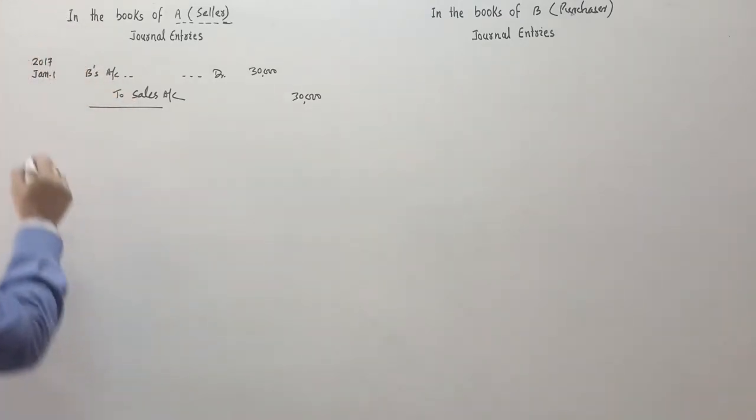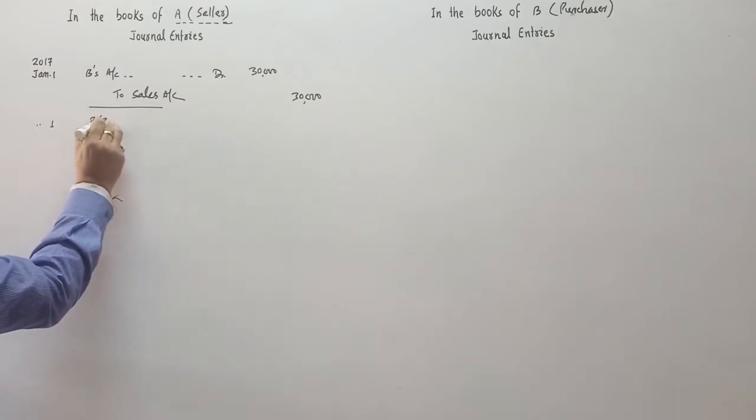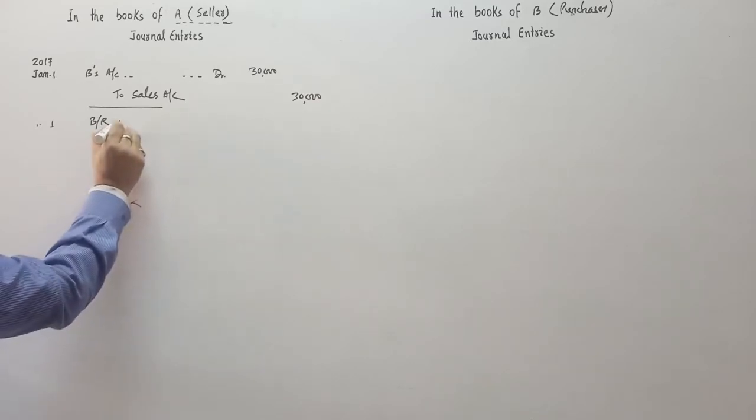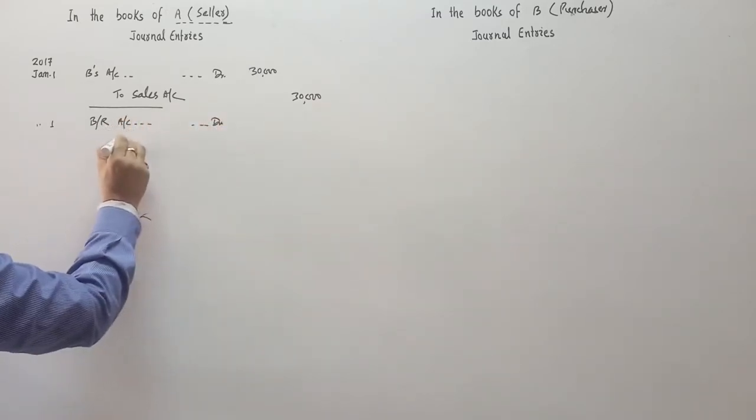When B accepts this on January 1st, for him it is a bills receivable. Bills receivable account debit to B's account.